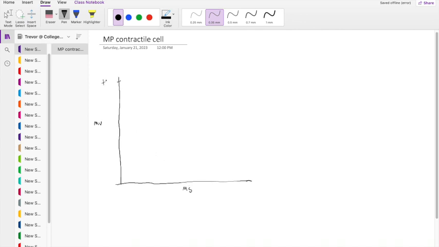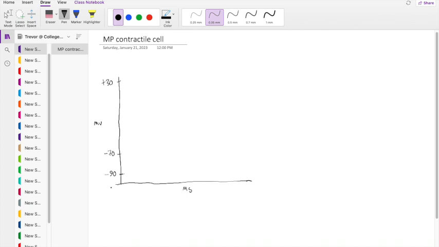This will be plus 30 at the top of our axis here. Let's say our threshold is going to be at negative 70 for these contractile cells. And we're going to go as low as negative 90, right, when we're polarized.